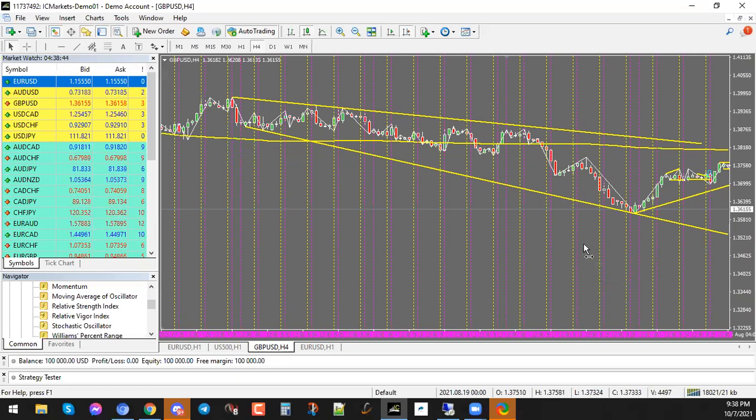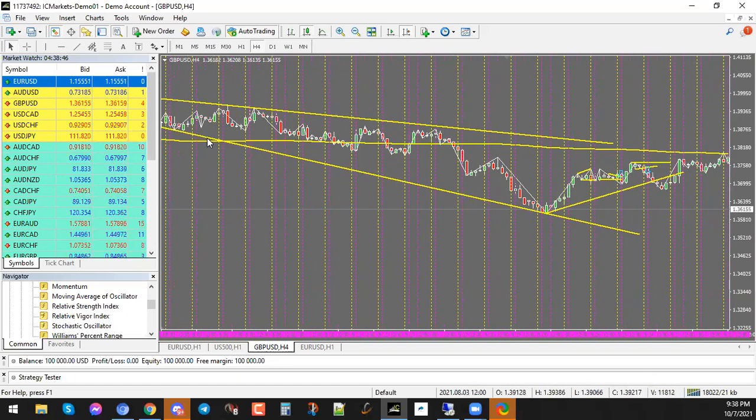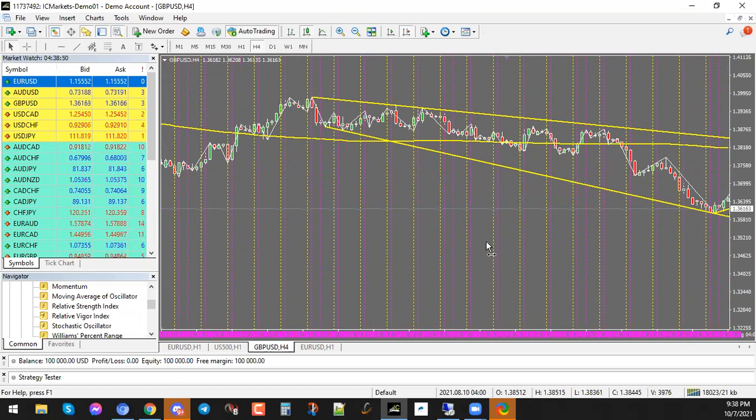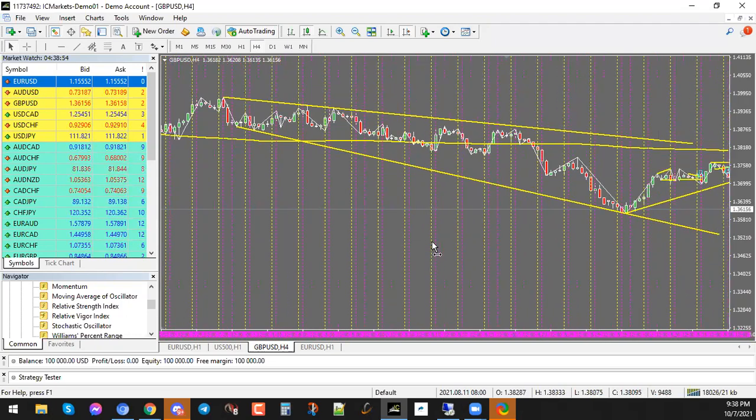And here you can see we have another pattern formation. Very well. So if you are a swing trader, it would be good if you could identify these types of patterns reasonably early. Okay, if you're able to identify them early, then you could decide when you're going to take a swing trade.